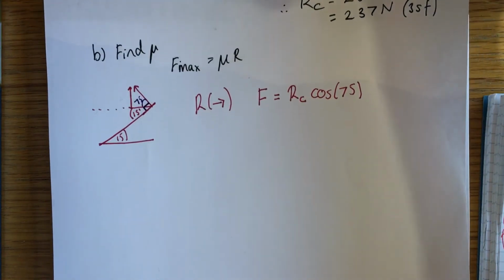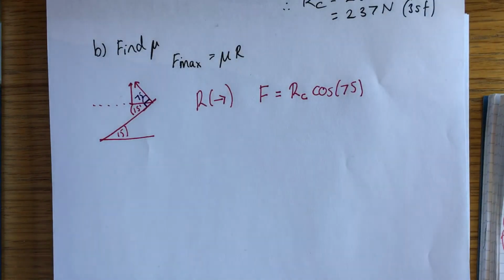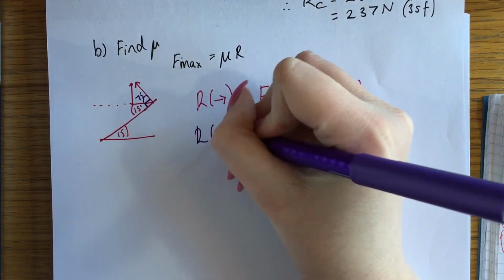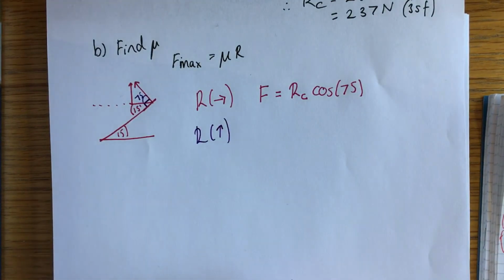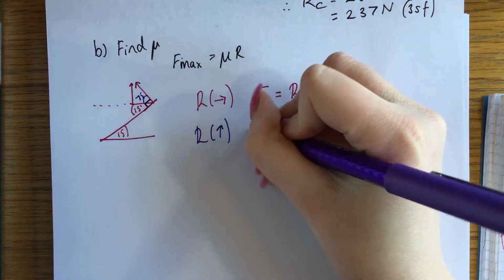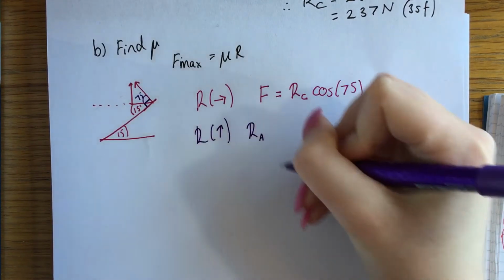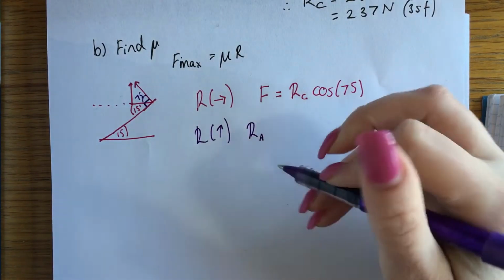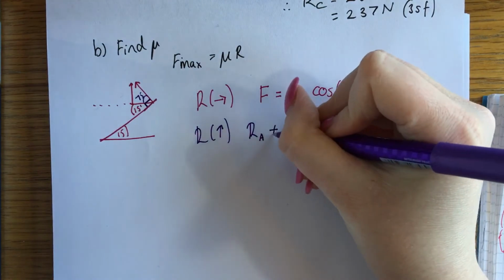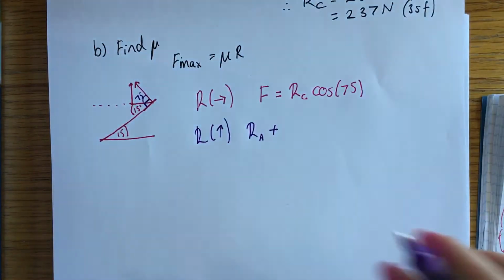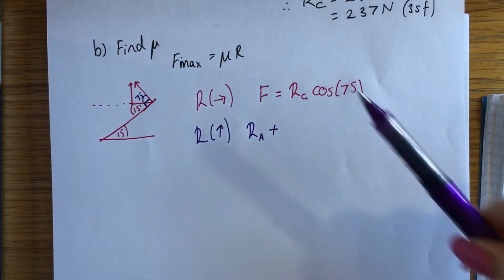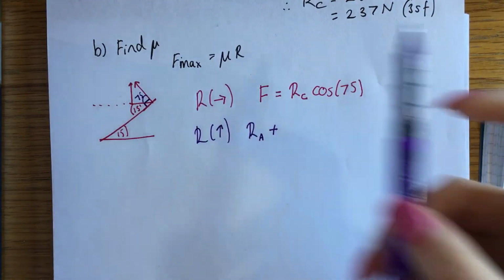So I've got my value for friction, so I'm now going to resolve vertically. So I've got my normal reaction at A going vertically upwards. I've also got, because my normal reaction at C is generally a force going in that direction, the vertical force must be going up.